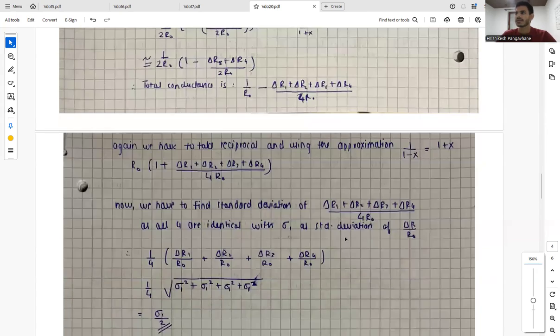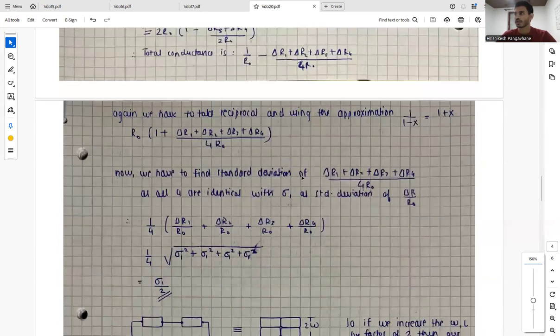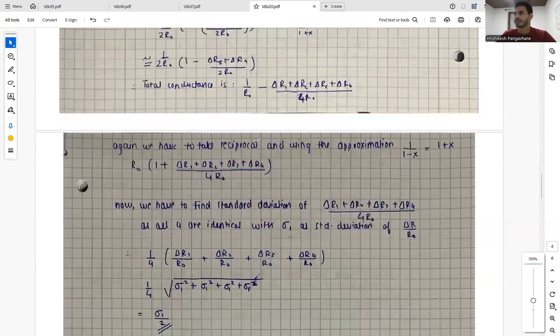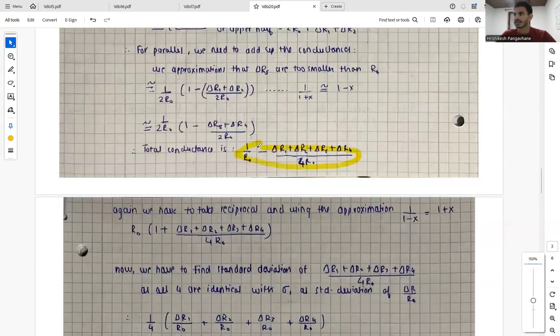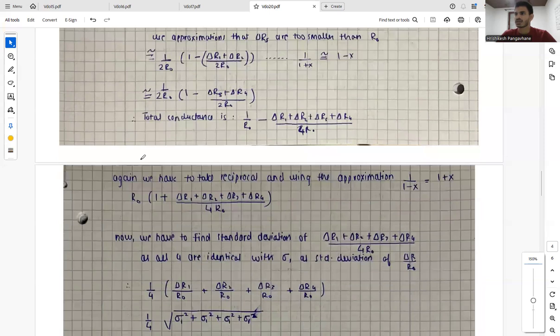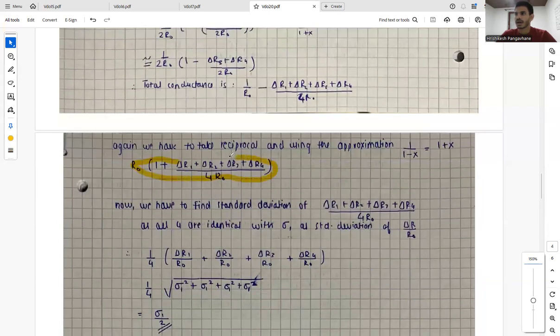And again, we have to take the reciprocal, and using the approximation again, 1 upon 1 minus x is nothing but 1 plus x. So we have to take the reciprocal of this. So basically it comes out to be R naught in bracket 1 plus (ΔR1 plus ΔR2 plus ΔR3 plus ΔR4), the addition of all those four deltas, divided by 4R naught.